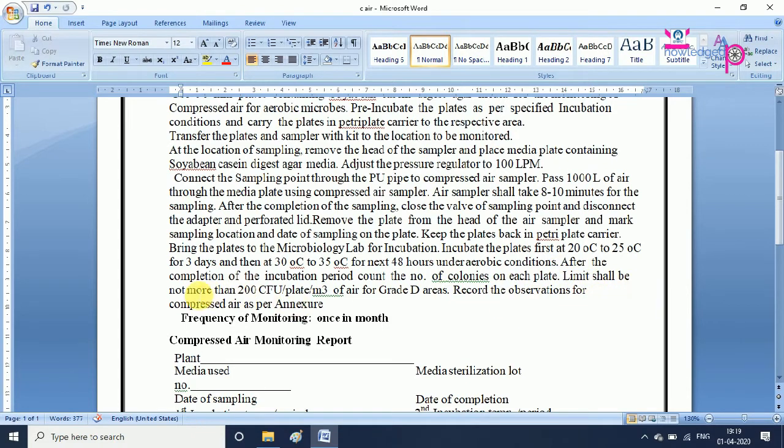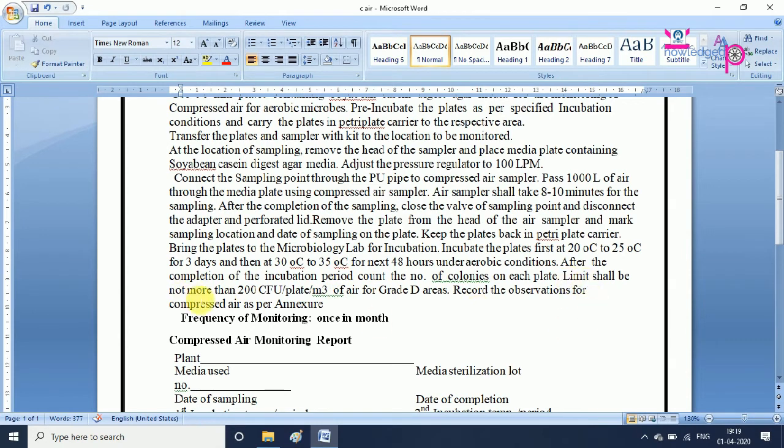Limit shall be not more than 200 CFU, colony forming units, per plate per cubic meter of air for grade D. This is the manufacturing area grade. So for this grade, we have to get not more than 200 colony forming units per plate per cubic meter.